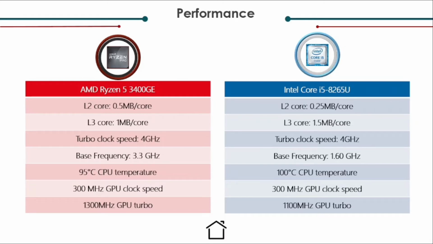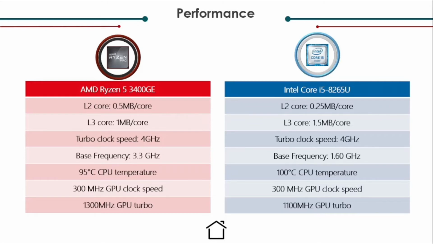And for the L3 cache of the AMD Ryzen 5 3400GE, we have 1 MB per core, while on the Intel Core i5-8265U, we have 1.5 MB per core.